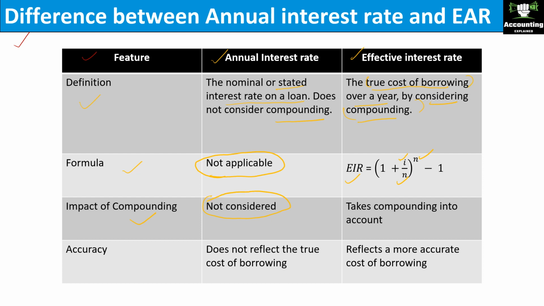But EIR considers compounding. Accuracy: the annual rate does not reflect the true cost of borrowing. We cannot find out the true cost of borrowing using the annual interest rate, but with the effective interest rate, we can find out the accurate cost of borrowing.